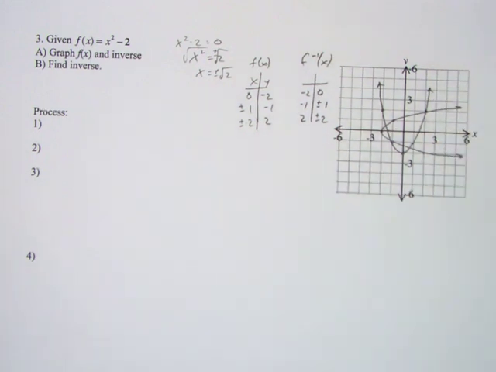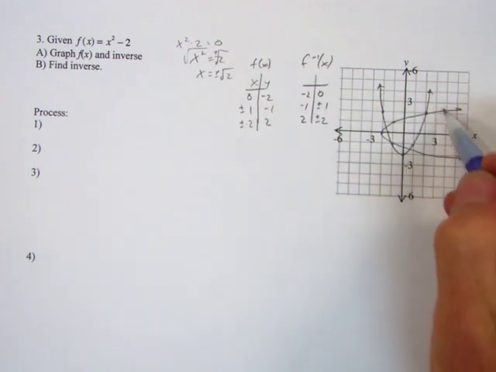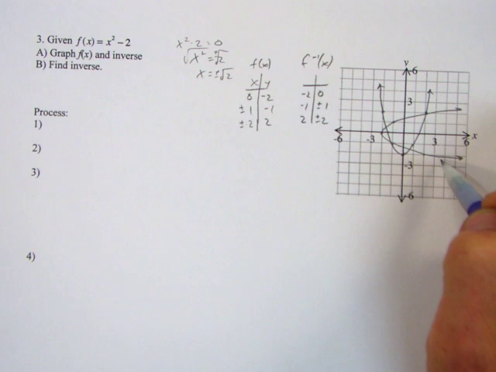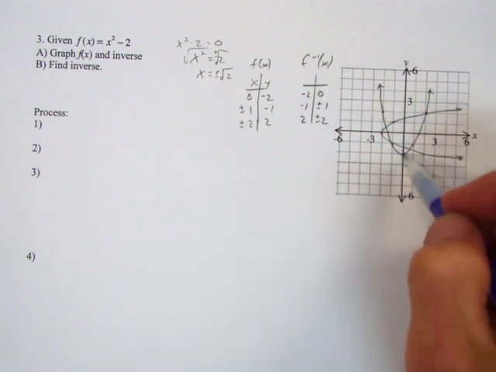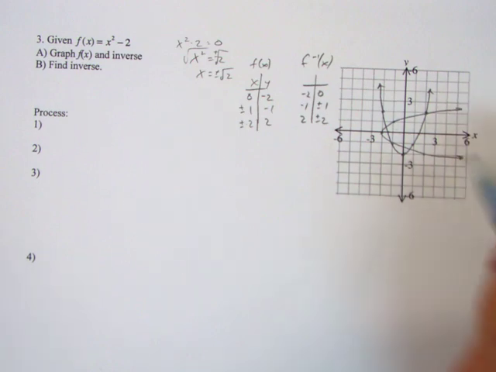Now my question for you is, what can we do to the original graph that would make the inverse a function? How can we restrict the original graph so that for every x there's one y, or it passes the vertical line test?